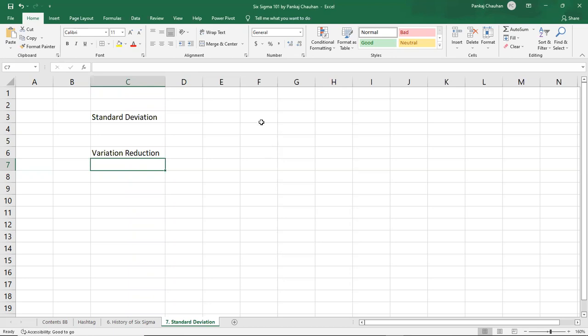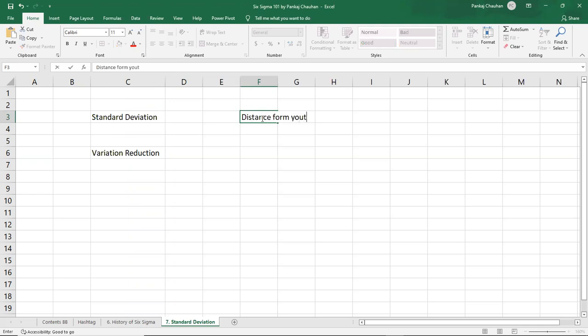If I ask you how much is the distance from your home to office, probably you may say my distance from home to office is 5 miles. If I ask you what is the temperature now, probably you will say the temperature is 30 degrees as of now.